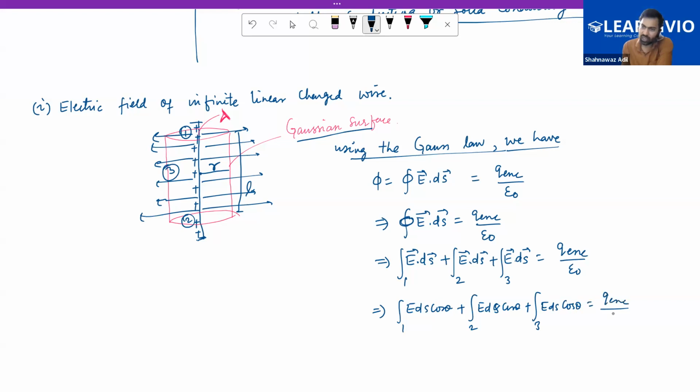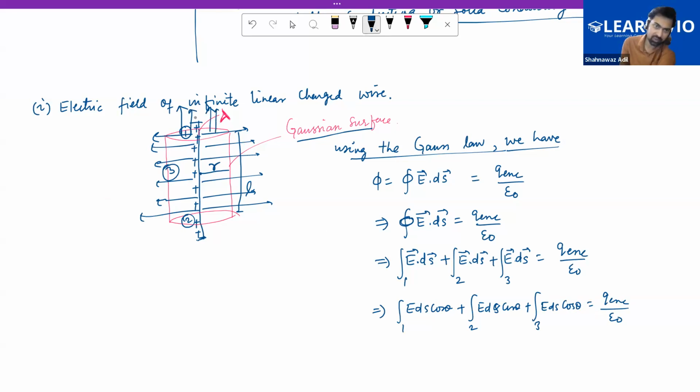Now, if we look at the first surface, in which direction would the area vector be? For this surface, the area vector would be normal to the surface.